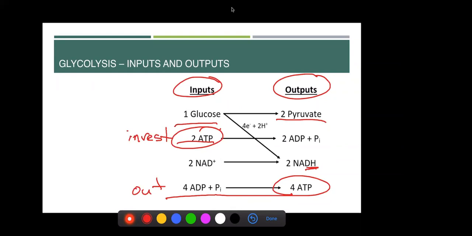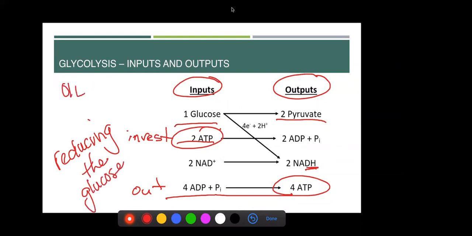So basically this whole time, we're going to be oxidizing the sugar, the glucose. Remember our oil rig. Oxidation is lost, reduction is gain. Okay. Sorry, we're oxidizing the sugar. See, I shouldn't have taken that nap before class.